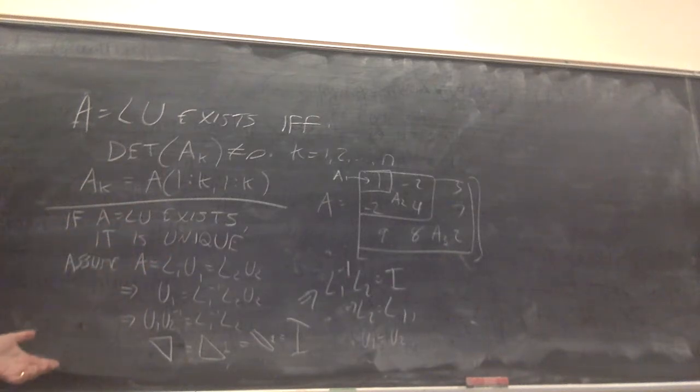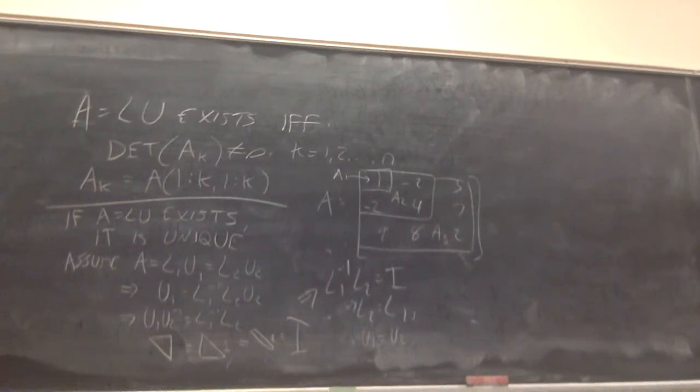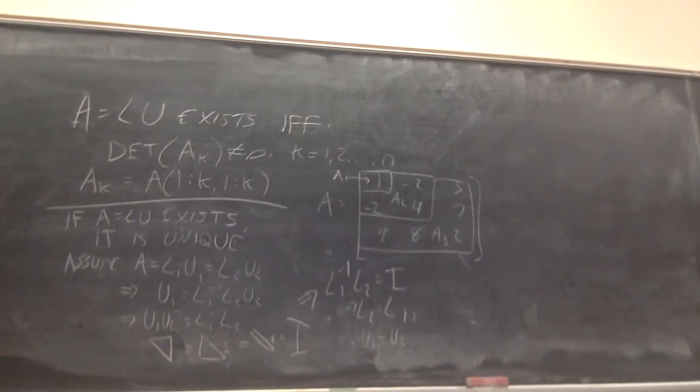Well, no, they must be equal. Therefore, the LU decomposition is unique. And this is how pretty much any uniqueness proof goes. You assume there are two of them, whatever it is, and you arrive at a contradiction based on whatever properties that might have. So those of you who have proof-intensive classes ahead of you, keep that in mind.